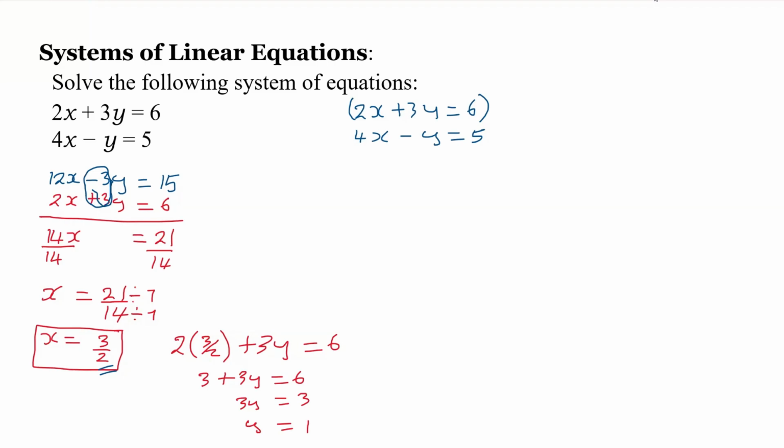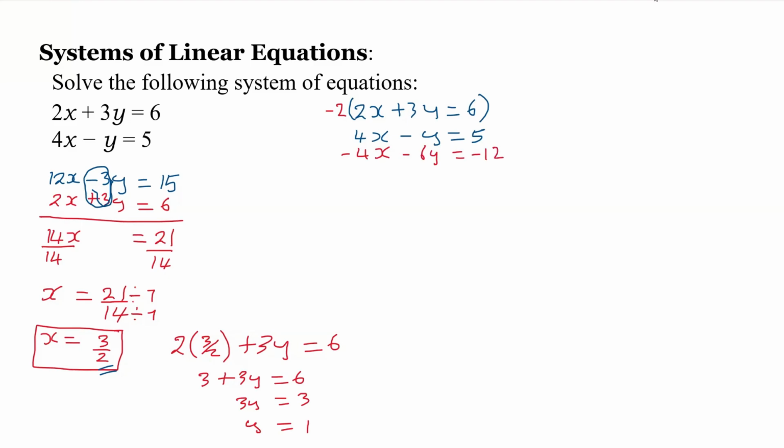So if we multiply the top by -2, then that's going to give us a -4 in front of the x. And so when we add -4 with +4, then the x is going to get canceled, right? So let's rewrite this new equation. We get -4x minus 6y is equal to -12.